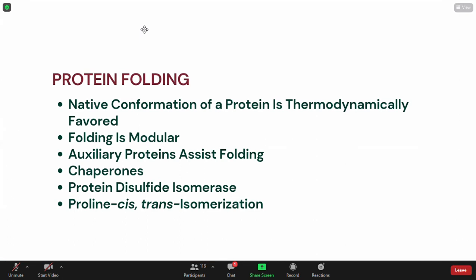Now, the folding of the protein is dependent also on the environment. If the environment is aqueous, then you have a different folding compared to if the environment is fatty or oily.